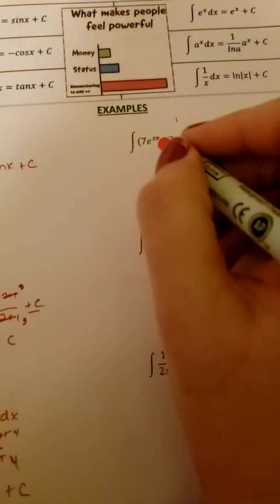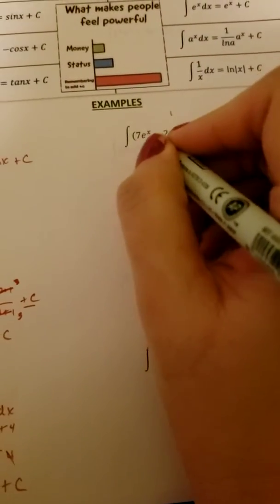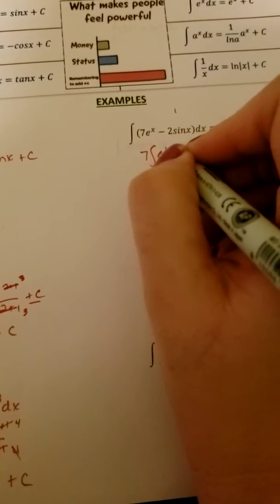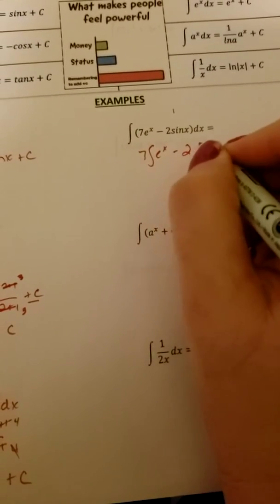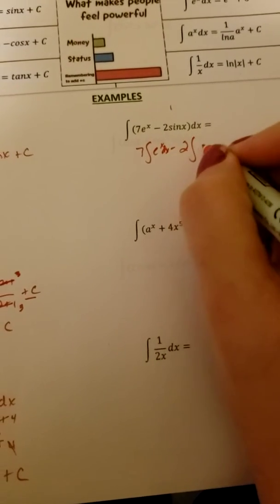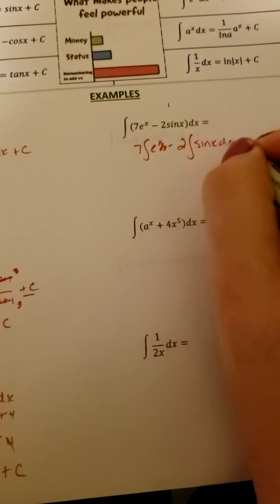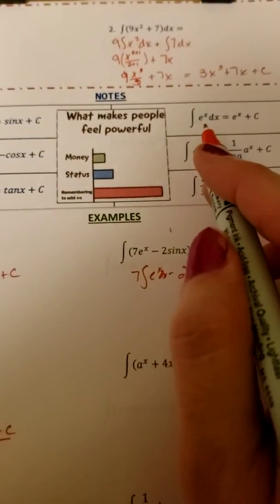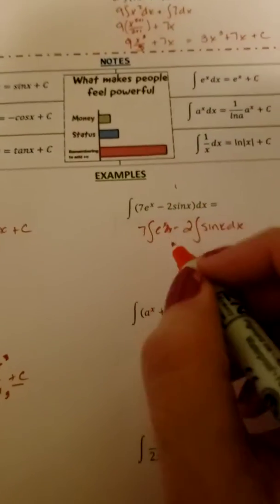All right, so up here I've got 7e to the x power. So that gives me 7 times the integral of e to the x power dx, minus 2 times the integral of sine x dx. So e to the x power, that integral is just the same thing, e to the x power.